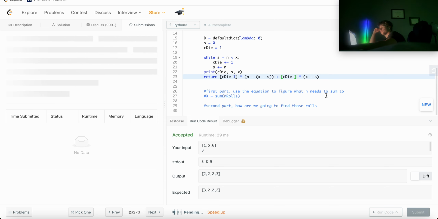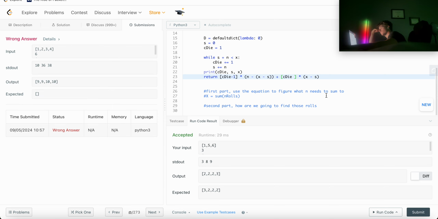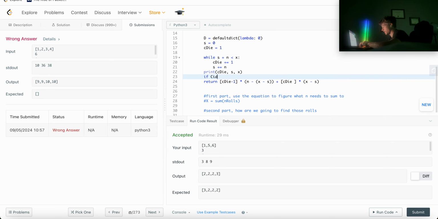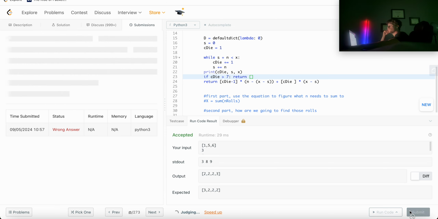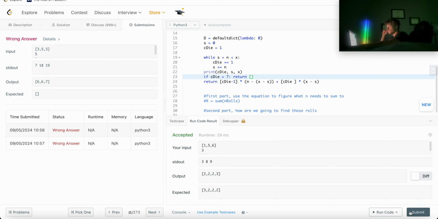All right. Let's say if C die is greater than or equal to 6, or greater than 6. No, greater than 7, I guess. Return this because it's impossible. Greater than or equal to 7.